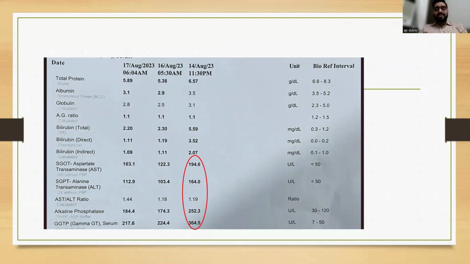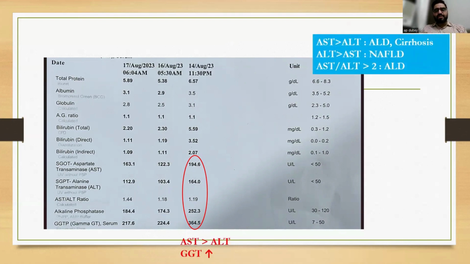You see that GGT is raised out of proportion. It is around 7 times in this patient, 364.5, out of proportion to alkaline phosphatase. So this is most probably alcoholic liver disease. The only thing which does not favor alcoholic liver disease is that the AST by ALT ratio in most alcoholic liver diseases is more than 2:1.